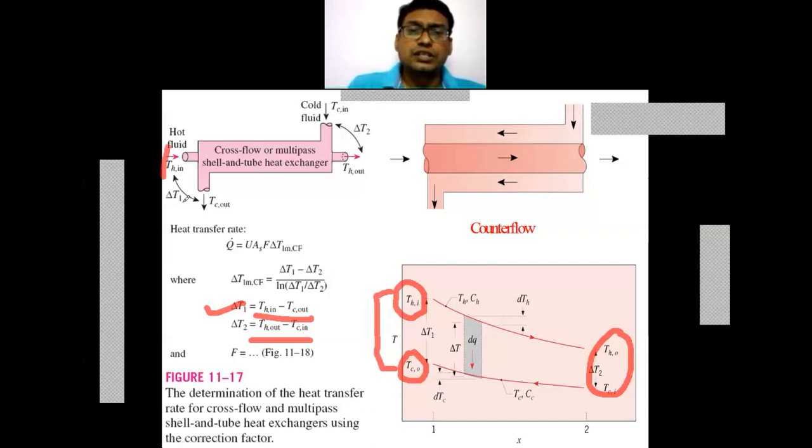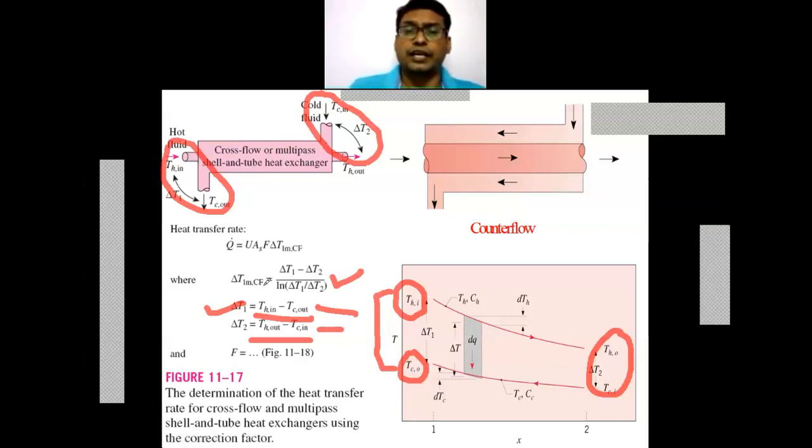So this is the temperature gradient, you can say, on one end and at the another end. But the formula remains the same, only the temperature differences are different.